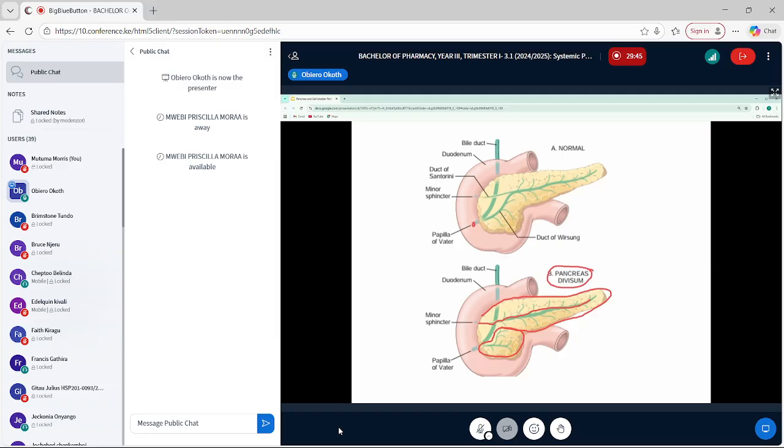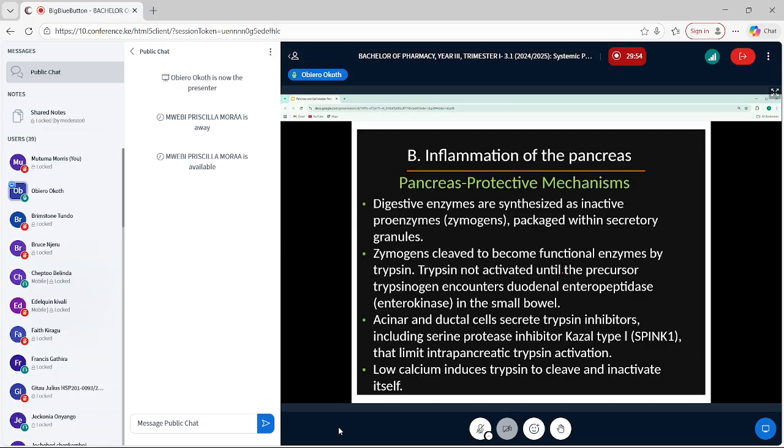Now, okay, the pancreas protects itself. It produces a lot of digestive enzymes, digestive enzymes that are strongly protein-digesting. Why is it that they normally don't digest the pancreas? It happens that most of these pancreatic enzymes are normally produced as proenzymes or zymogens, and then they are packaged within secretory granules.